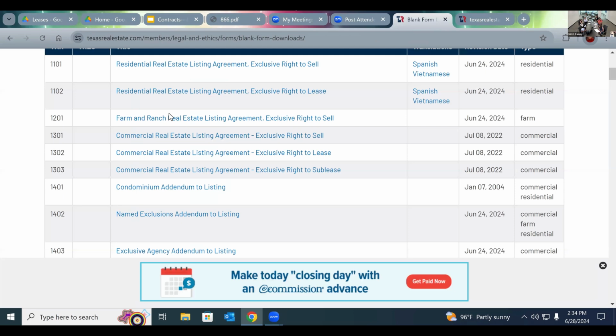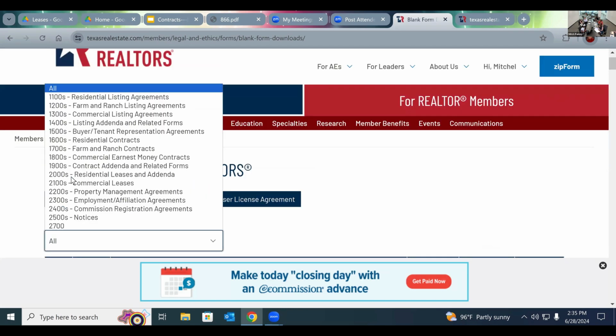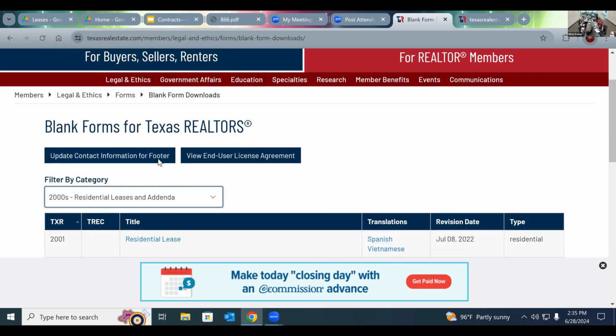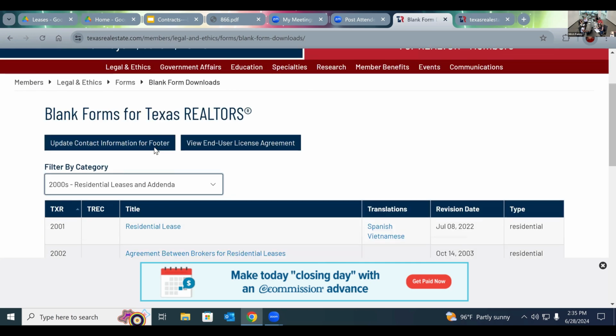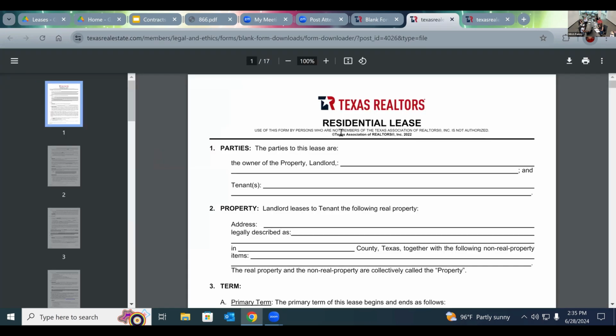Let's switch over and look at the lease real quick. Okay, paragraph 1 is gonna be the parties, landlord, tenants, property address.